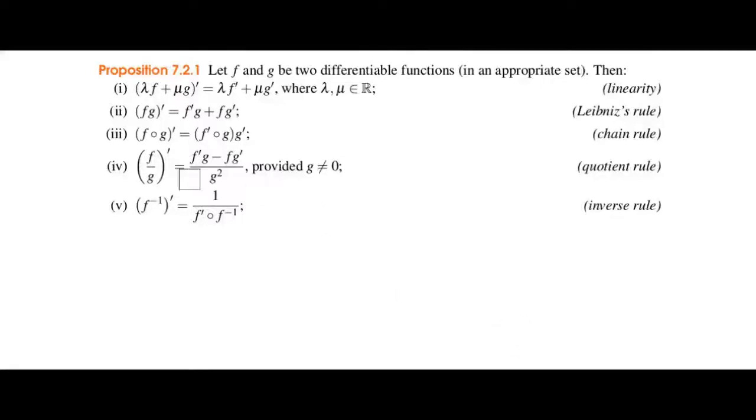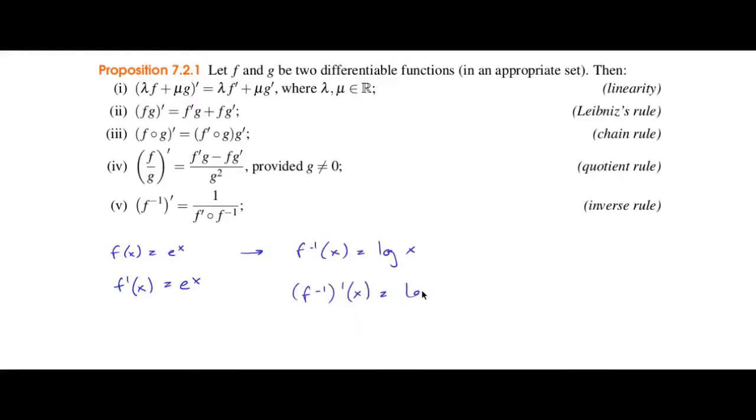So using this last rule, we can prove that the derivative of f, e^x, is the same, e^x. Now if we have f^-1(x), which is the logarithm, what's the derivative of the logarithm?